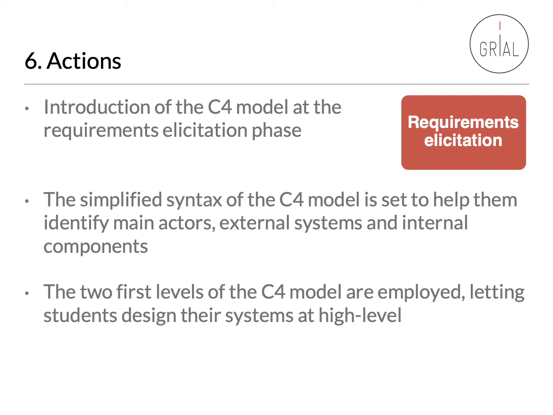And the simplified syntax of the C4 model is set to help them identify main actors, external systems, and internal components, without thinking about how the internal components work. The first two levels of the C4 model, the system context and the container levels, were employed, letting students design their system at a high level.